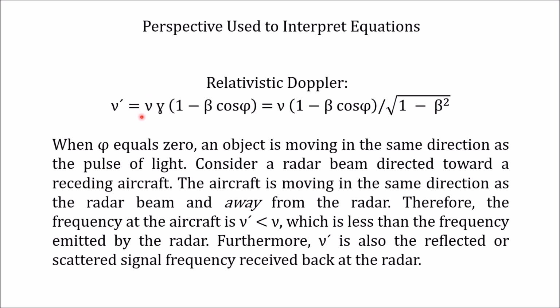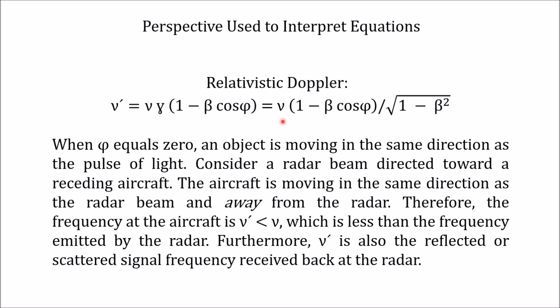It should actually be a family of pulses, but let's consider this just to be one of the frequencies that make up the pulse. Nu prime is, and this is a key, nu prime then is also the frequency of the radiation that actually hits the object and bounces back. It isn't that the object itself is making that change.